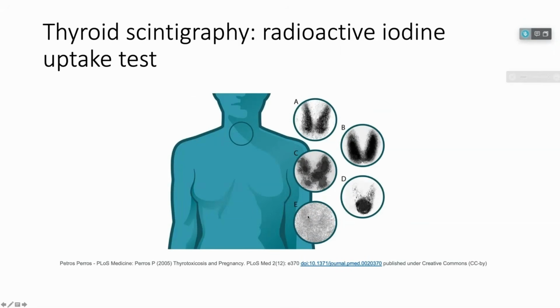So even though the labs would be the same, high T3, T4, low TRH, low TSH, between Graves, B, and thyroiditis, in the case of Graves, you're actually hyperthyroid. You're making too much, so you would have a high uptake. And in E, you're making much less, and so you'd have low radioactive uptake. This is a very important concept for your test.